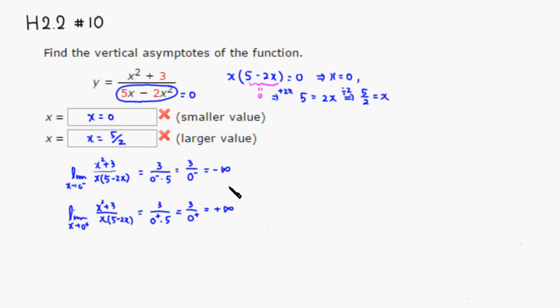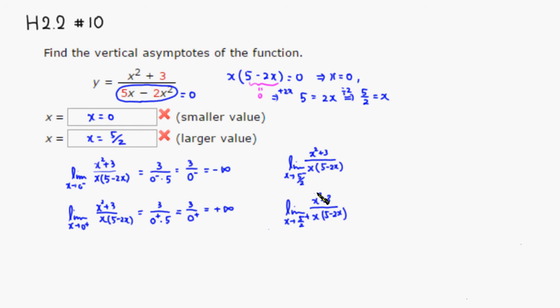Also we look at the behavior of the limit of this function, x squared plus 3 over x times 5 minus 2x, as x approaches 5 halves from the left, and we do the same thing as x approaches 5 halves from the right.